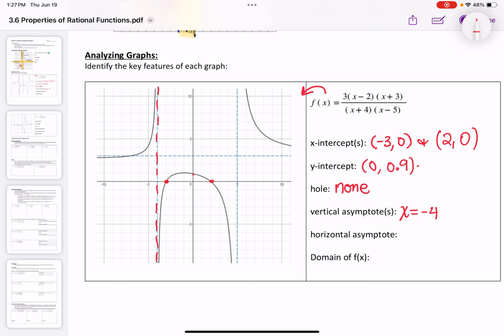So you want to write the x equals for your vertical asymptotes. There is another vertical asymptote at 5. So we have x equals -4 and 5. There's a horizontal asymptote that we see show up. This horizontal asymptote is at y equals 3.